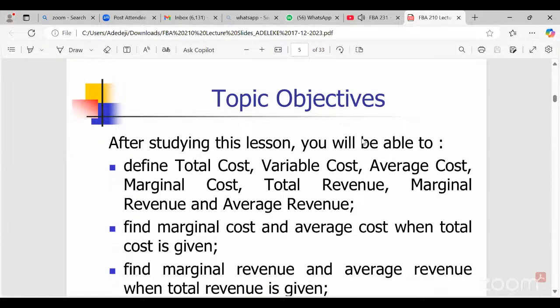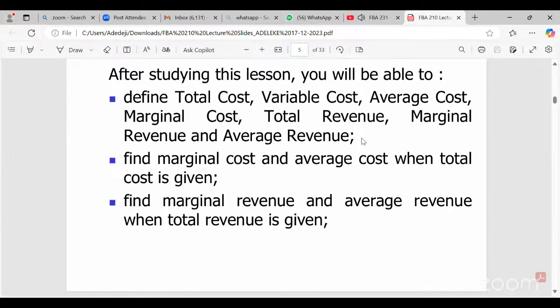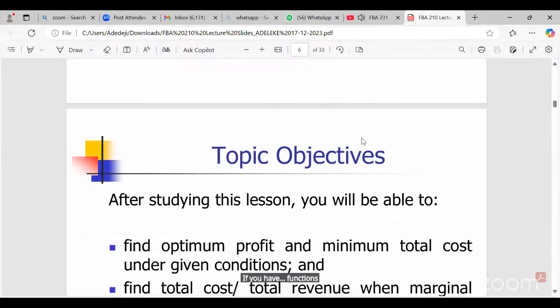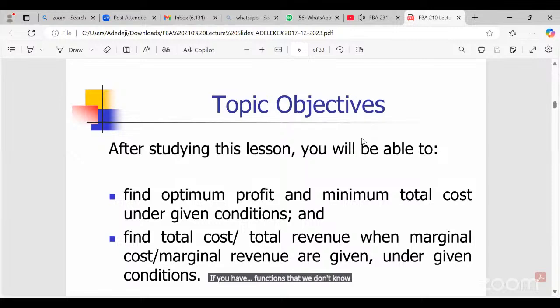So how do you find the total if you have the marginal? If you have marginal cost, how do you get the total cost? If you have marginal revenue, how do you get the total revenue? If you have functions where you don't know the total, but you know the marginal.